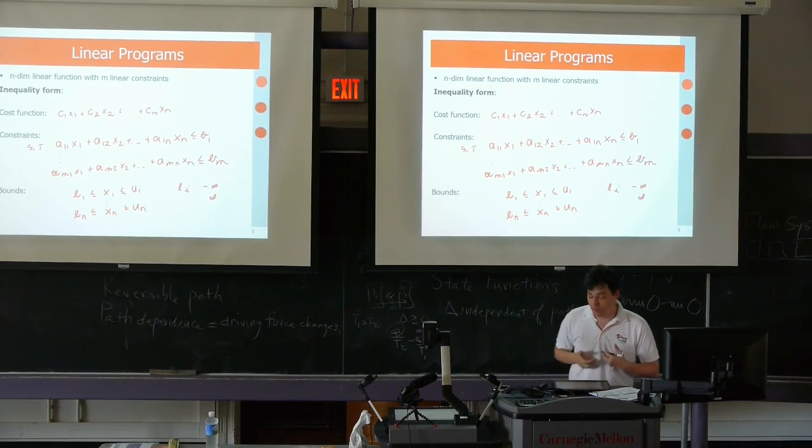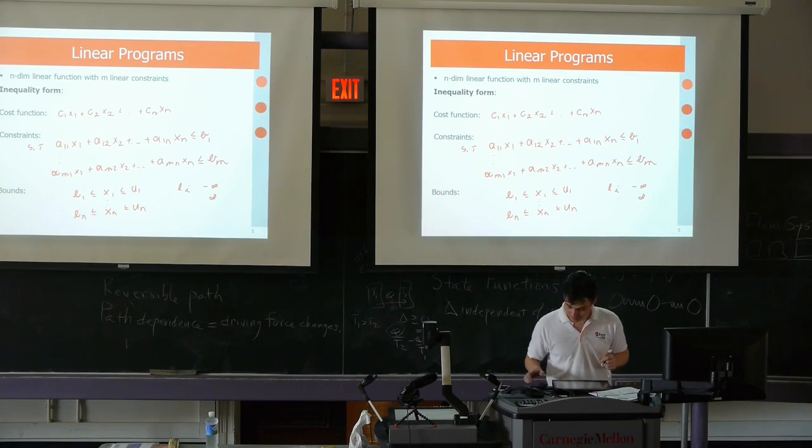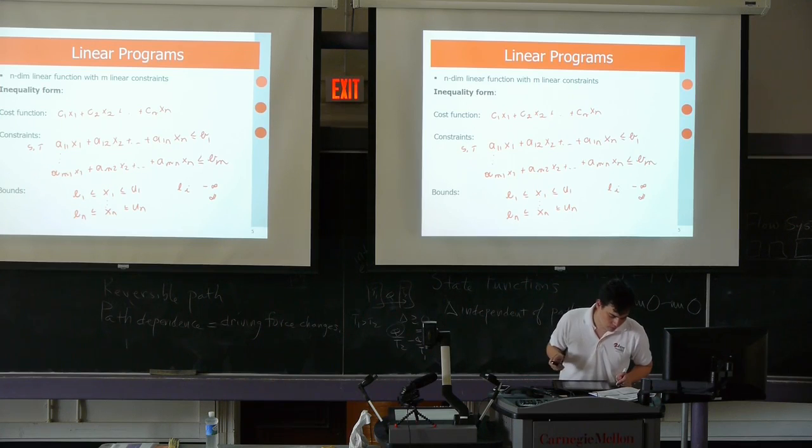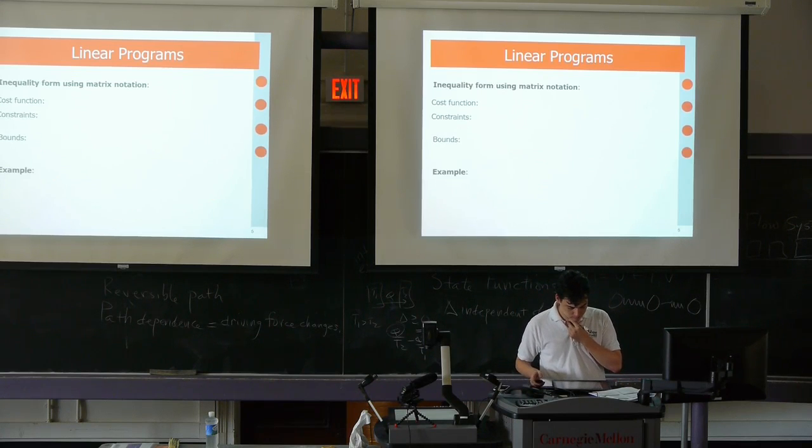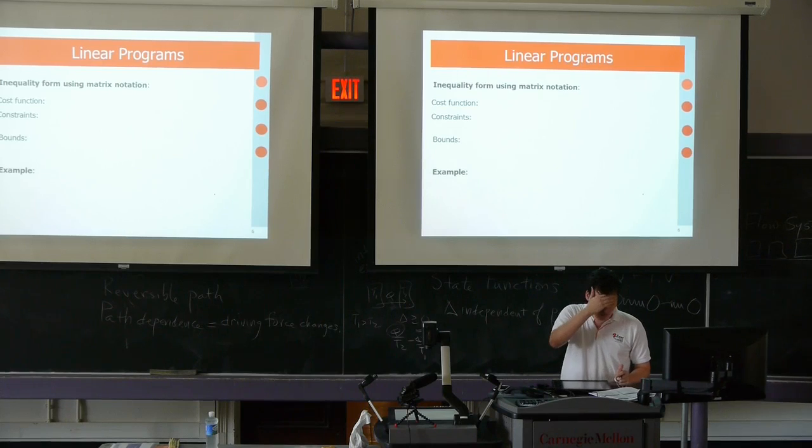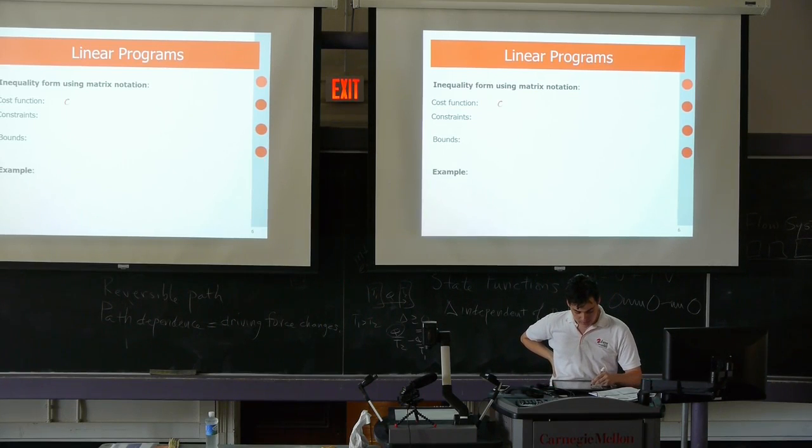Right? So we want to discuss in this lecture and next lecture how to solve these linear programs. I can write the previous problem using matrix and vector notations too. In that case, the cost function is just c transpose x, where x is in n-dimensional Euclidean space.